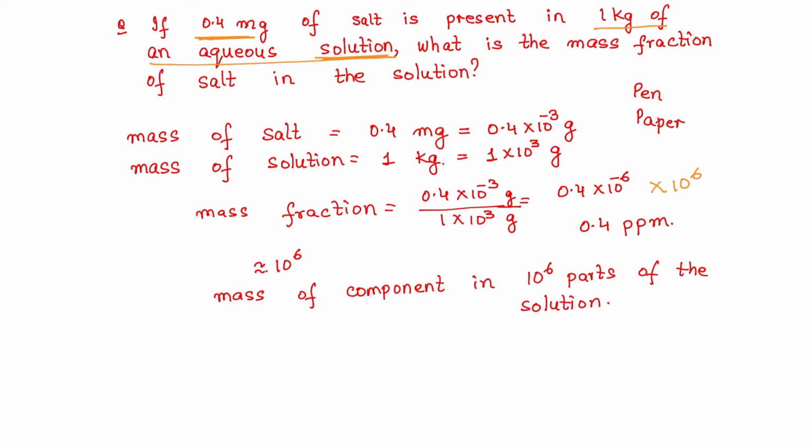Isn't that so much easy, right? So I will simply have to say that there is 0.4 ppm of salt in the given aqueous solution, right? So it makes my mention as well as comparison easy.